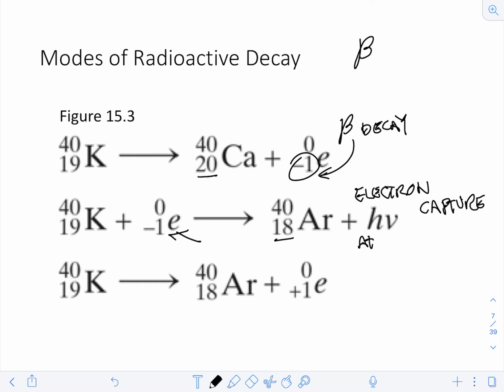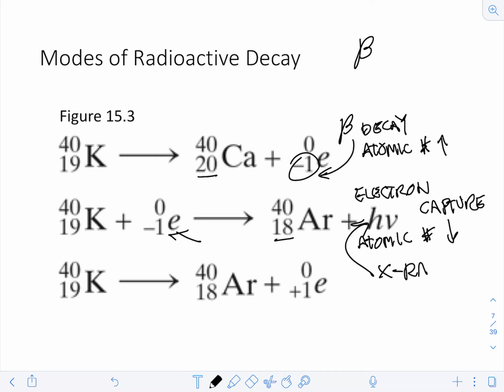So with electron capture, the atomic number goes down. So that's the difference between beta decay. So beta decay atomic numbers go up, but in electron capture, the atomic number goes down. Now the H nu that you see, that is actually X-rays.